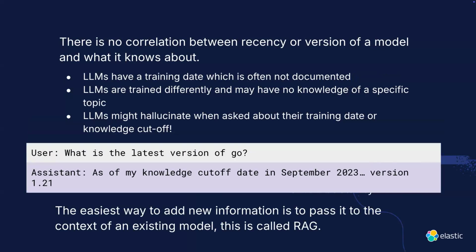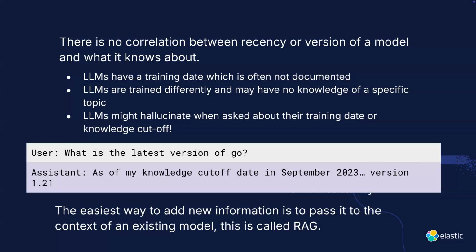That training date is documented in some cases, but it's not always documented. Like, when was this training cutoff? So they may be trained differently, and they may just have no information about specific topics. So in the case of Lion Guard, they may not have a lot of context about the abbreviation of the week here.